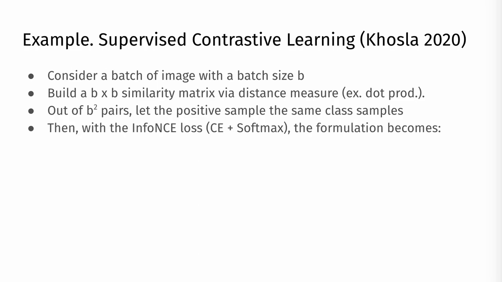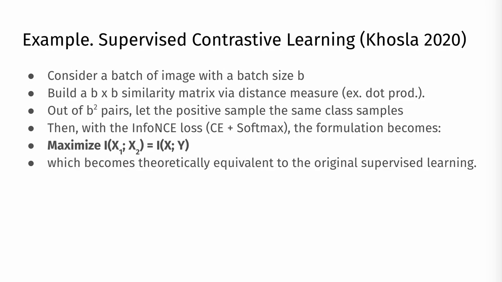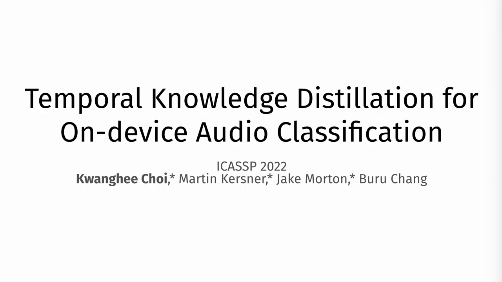Then maximizing the mutual information between x1 and x2 becomes equivalent to maximizing the mutual information between x and the label y, which is theoretically speaking equivalent to the original supervised classification setting. So we're basically skipping all of my theoretical contributions in the UAI paper, but anyways, let's move on.